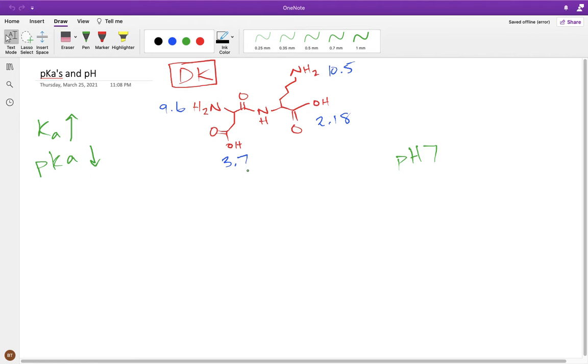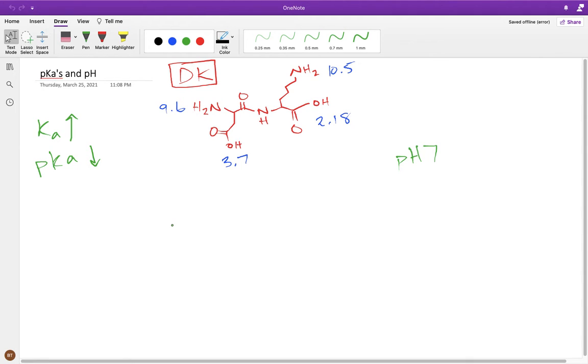So the trick, I want to say, is a better term for this, is that you want to first know what your pKa's are, and then you want to look at the conditions. If the condition is below the pKa, I would say it's on the acidic side of that molecule.